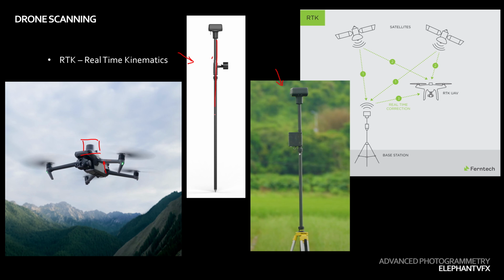So yeah, they usually have a post, like some kind of pole, which usually you can put on the terrain, even though I don't really recommend that. It's better to use the ones that come with a tripod base. You place them somewhere, and all the tech is here. And this is like a diagram of what I explained before, right? You have the base station, you have the rover, and then you have the satellites, and everything is talking to everything.